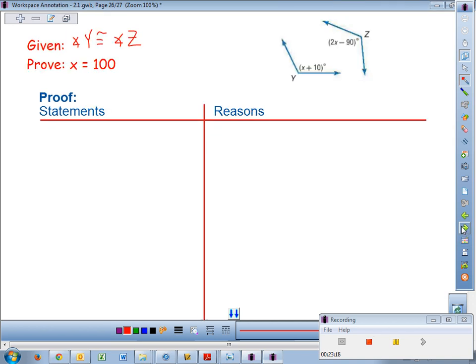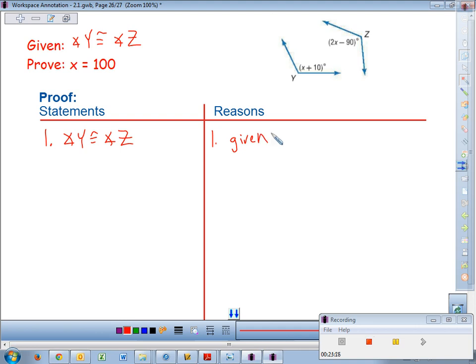Uno más. Read the given, write the given, mark the given. So, step 1, angle Y is congruent to angle Z. Reason given.